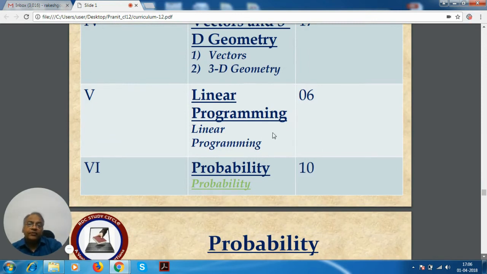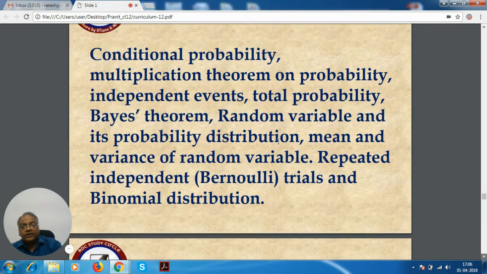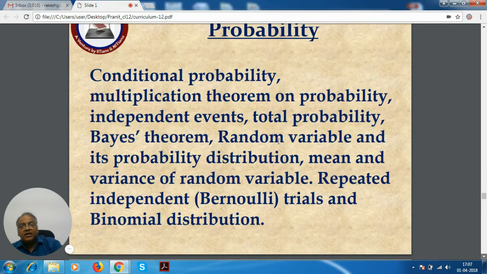The last unit of this curriculum is probability, and the topic is also probability. Some preliminary part you have already completed in the earlier classes. You have conditional probability, multiplication theorem on probability, independent events, total probability, then a very, very important theorem about conditional probability, which is Bayes' theorem.